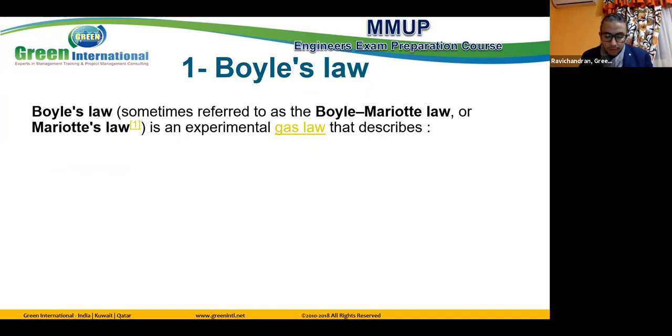In these, we fix a parameter and study the other parameters together. For the first three, the molar mass is constant, and with that we fix one more: one time temperature constant, one time pressure constant, one time volume constant. For Avogadro's, pressure and temperature are constant, so the relation is mainly between volume and the number of moles.